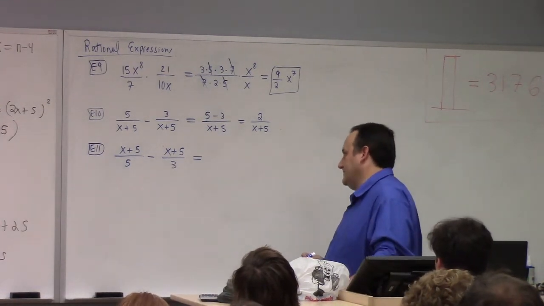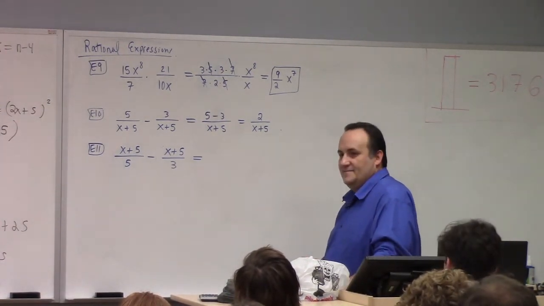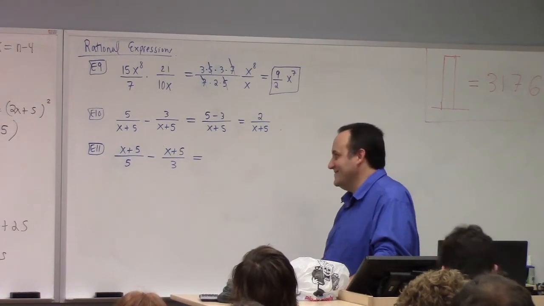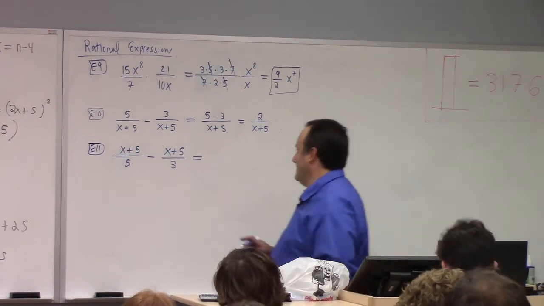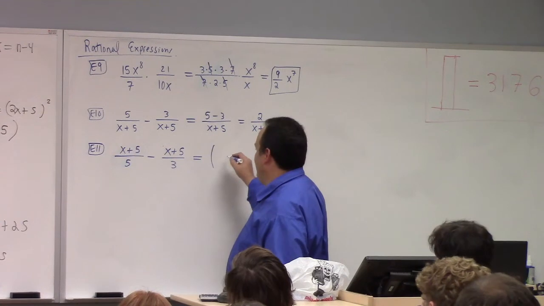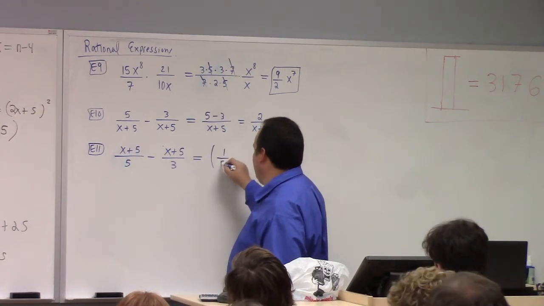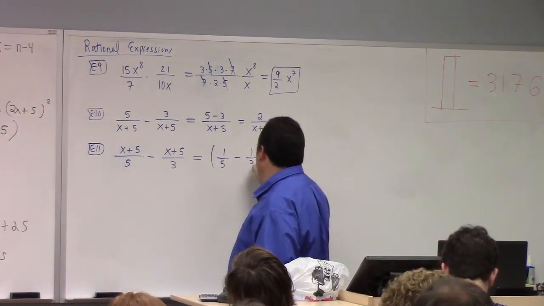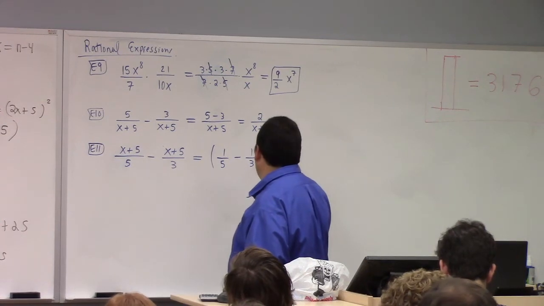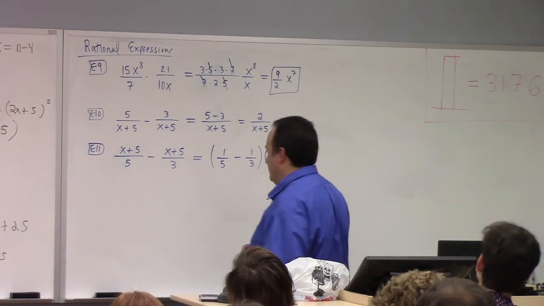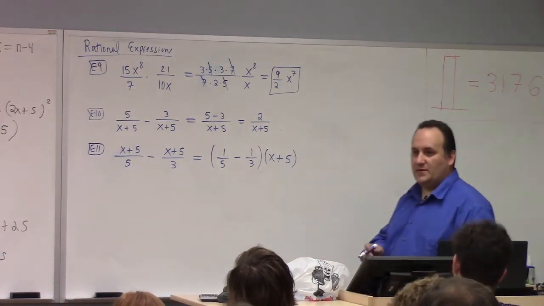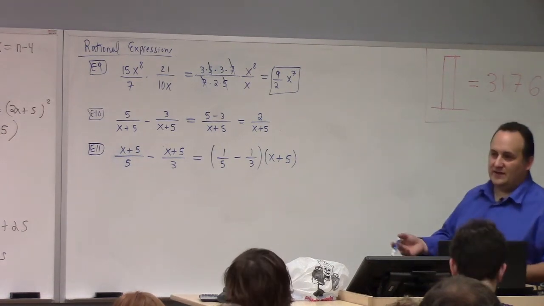You'd have to have a common denominator, and then you have to multiply the other side. Here, how about this? I do 1/5 minus 1/3, and I factor out x plus 5. Would this be okay? So that's one way you could do it.